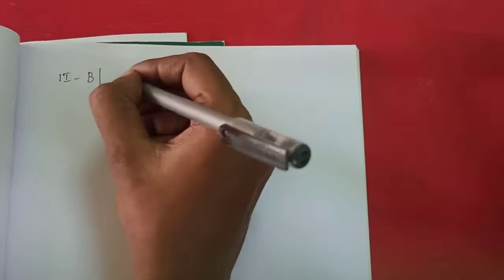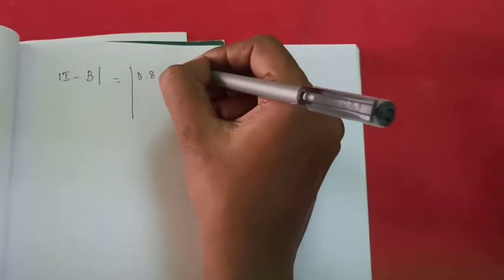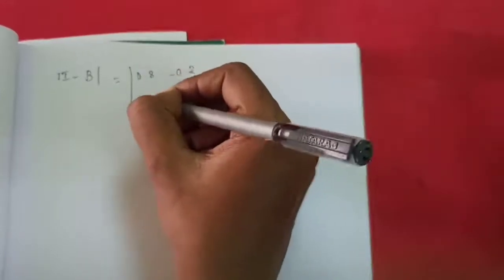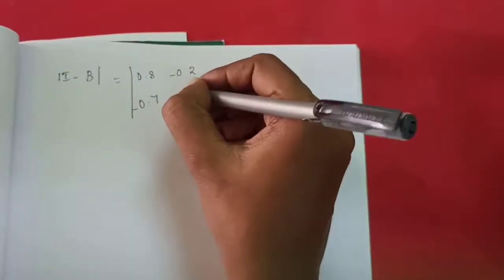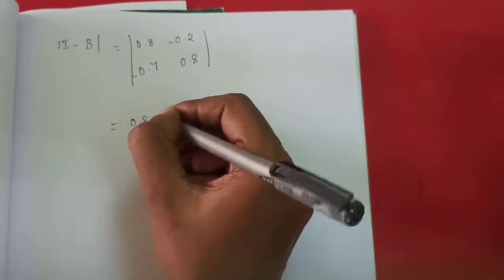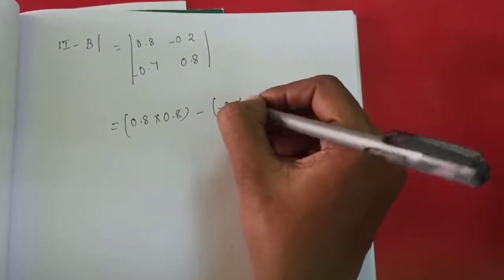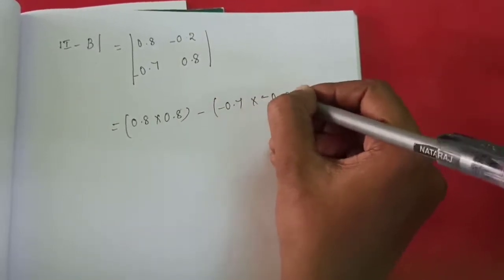So next we need to check whether determinant of I minus b is positive. So that's equal to determinant of 0.8, minus 0.2, 0.7, 0.8. Now multiply, that's equal to 0.8 into 0.8 minus 0.7 into minus 0.2.